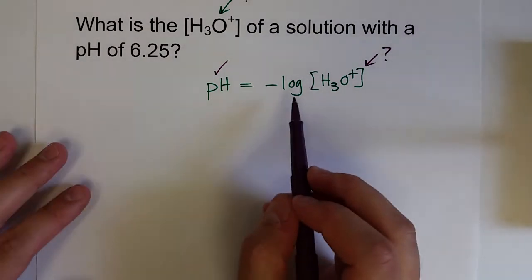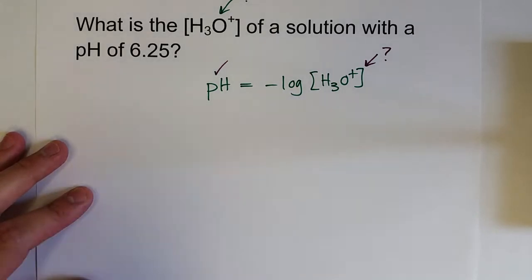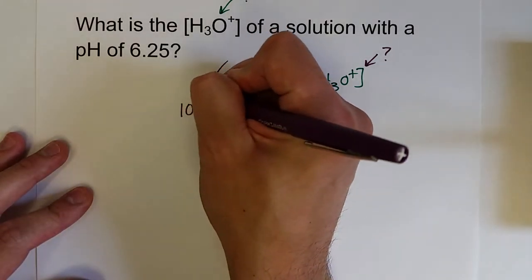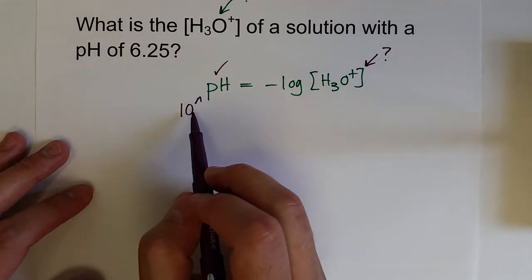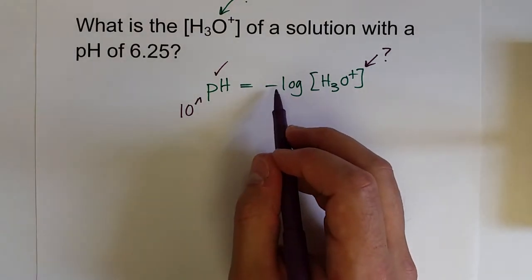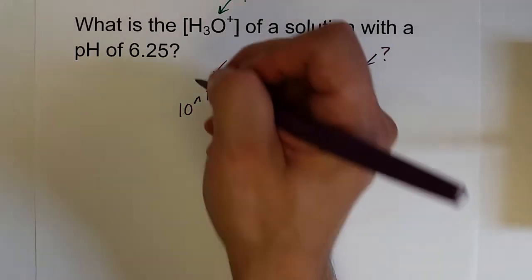And so what we need to do is use our algebra to get rid of this log. What we do is we take the anti-log of both sides, and in most calculators it looks like 10 to the. Actually, I skipped a step. I also want to get rid of this negative, and so really I want to multiply both sides by a negative.